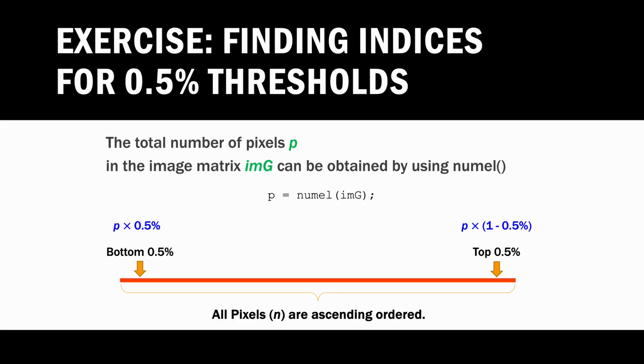This index points to the pixel intensity at the bottom 0.5% of the sorted list, which we use as the new VD. Similarly, the index for the top threshold is calculated as p times 99.5%, which comes from 1 minus 0.5%. After rounding, this index points to the pixel intensity at the top 0.5% of the sorted list, which we use as the new VB. By retrieving these two values, we avoid being misled by outliers at the extreme ends of the image.